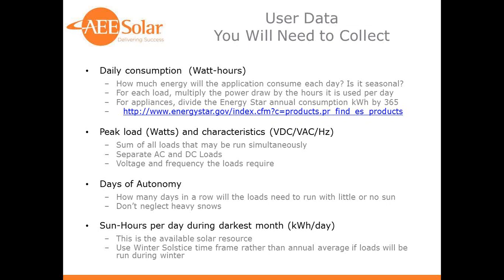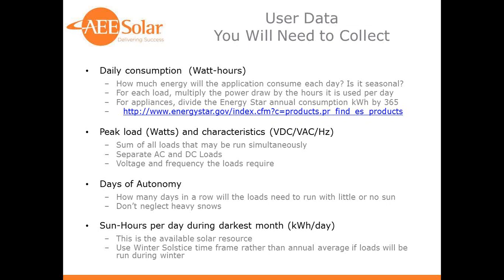It's good to know if the loads are seasonal. For instance, if a load is only used in the summertime, like air conditioning, there might be a lot of power being produced in the summertime from the PV array because of long days. And that might not affect the batteries that much because the air conditioning might only run during the day. It might not actually draw from the batteries.